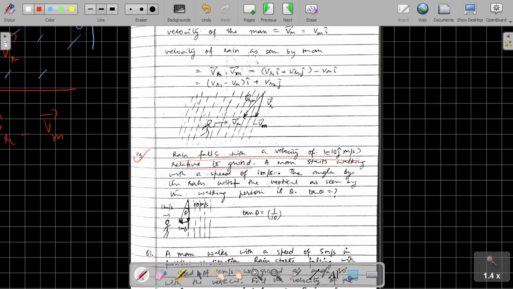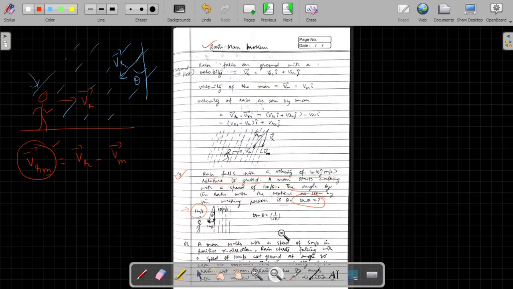A man starts walking with a speed of 1 meter per second as shown, towards the right, and we have to find tan theta, where theta is the angle which the rain makes with the vertical as seen by the walking person.